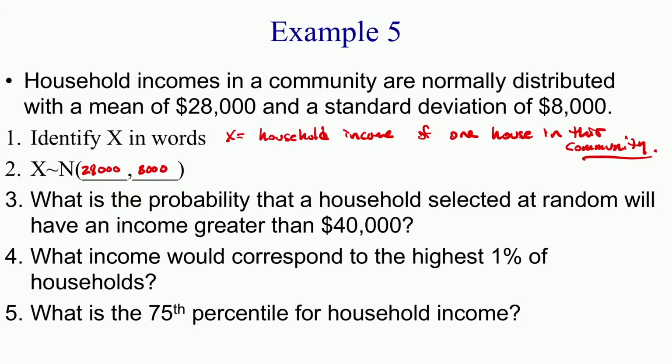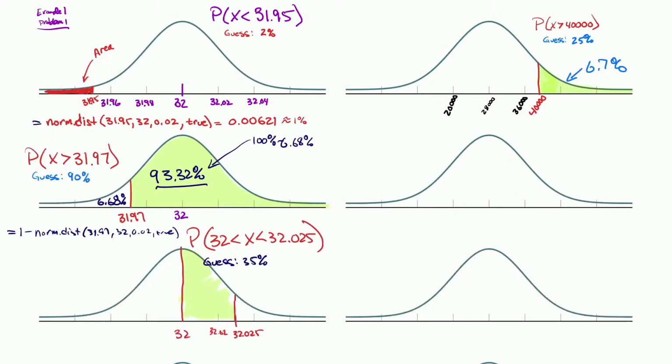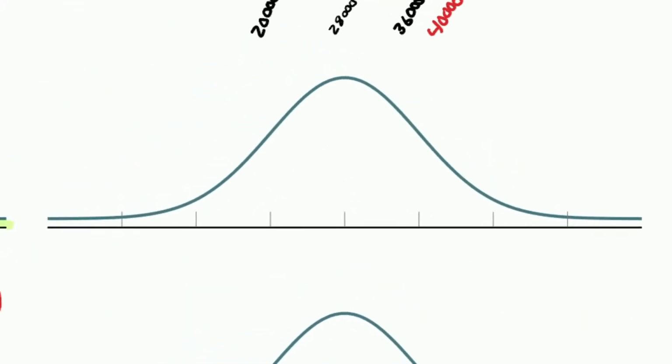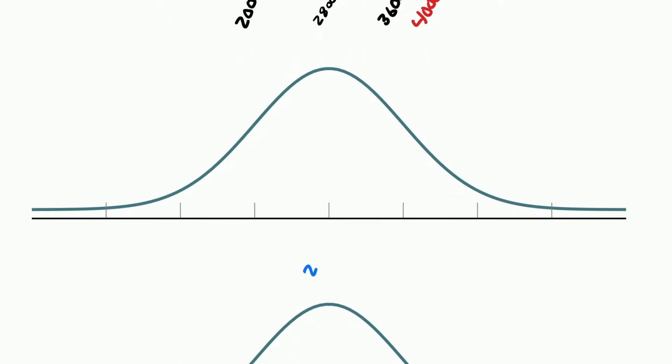Let's do the 75th percentile first. I know I'm going backwards again, but that's okay. Whenever you're doing these, as before, we're going to put our numbers in here: 28,000, and then this is 36,000, and this is 20,000. So we've got those. But notice what it's asking for is a percentile or a percentage.